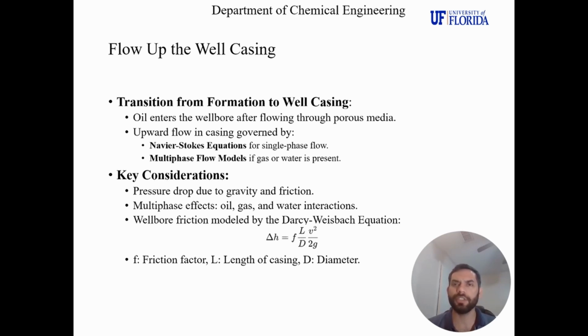Frictional losses in the casing are modeled by the Darcy-Weisbach equation, and the key factors include pressure drop due to gravity, friction, and multi-phase effects. Accurate modeling ensures the pumps provide sufficient pressure to lift the oil to the surface efficiently.